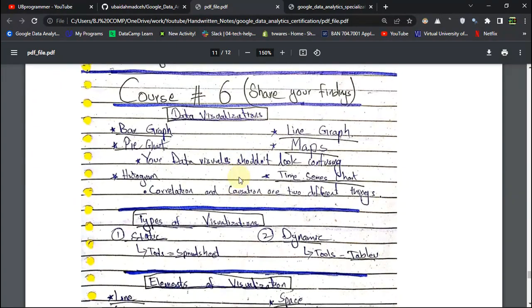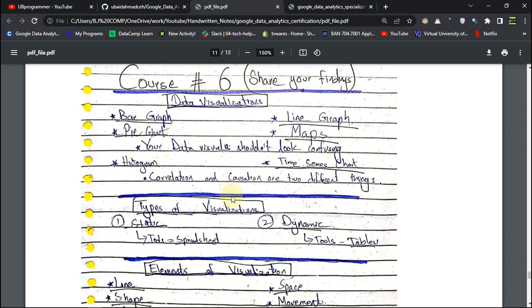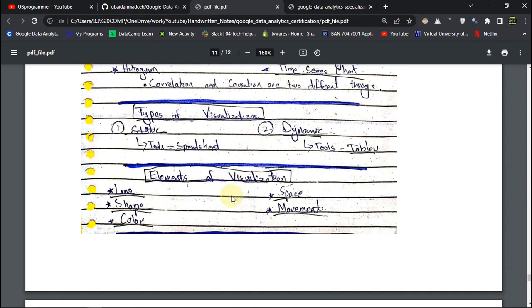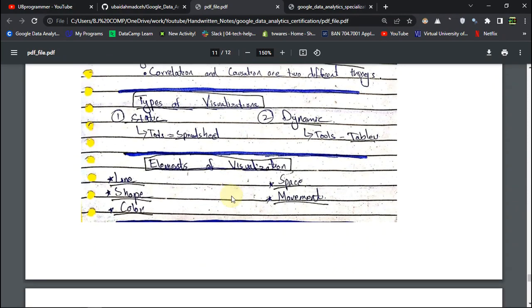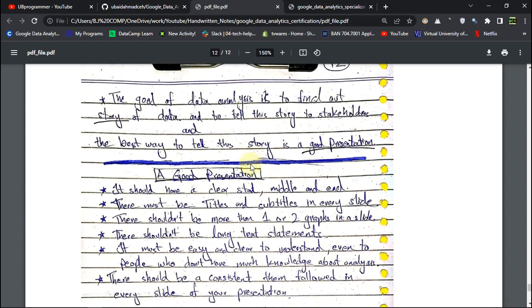And that's, I would say, the main role of a data analyst in their job, to convey their message to their stakeholders by visualization. So that's really important.